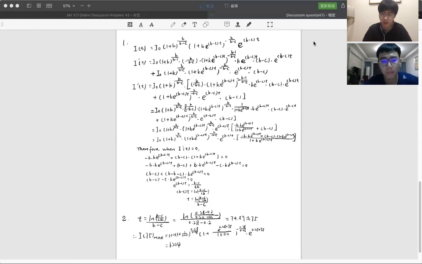So that's basically the solution of the question. The time when the infected population reaches its maximum is 75 days, and the maximum population is 6,204.